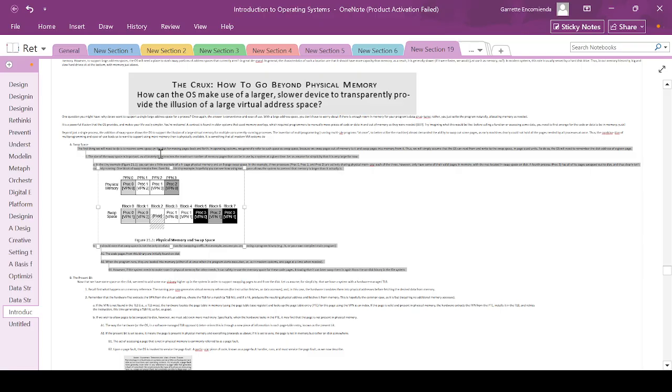So the first thing is to reserve some space on that second level memory to swap pages back and forth, and we will call that swap space. We generally refer to such space as swap space because we swap pages out of memory to it and swap into memory from it. Thus, we will simply assume that the OS can read from and write to swap space.